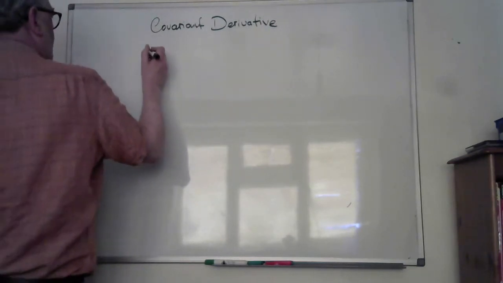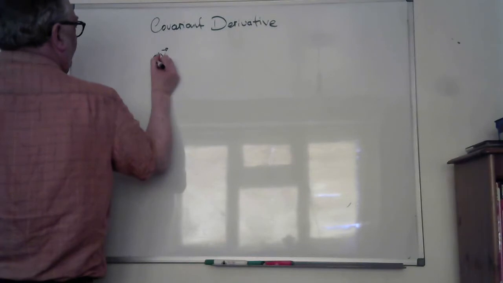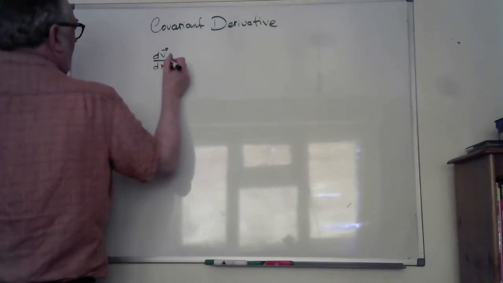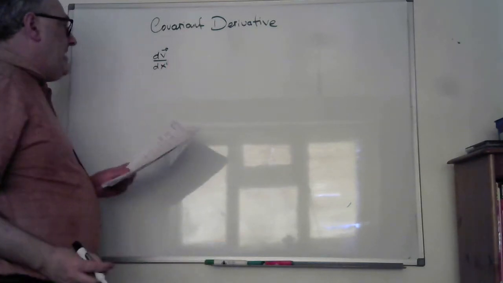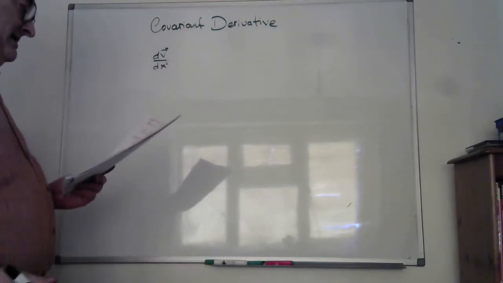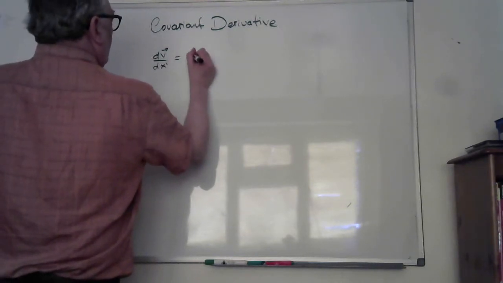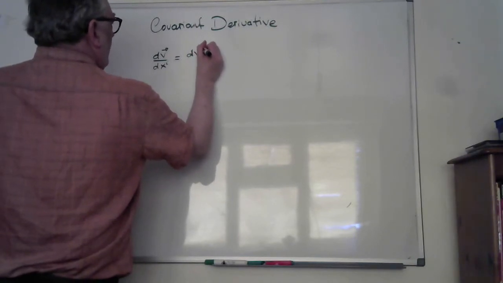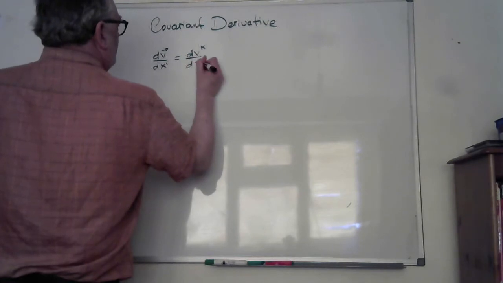And that is expressed by dV, so the derivative of the vector with respect to the general coordinates xi. And that is equal to d V superscript k by dxi.